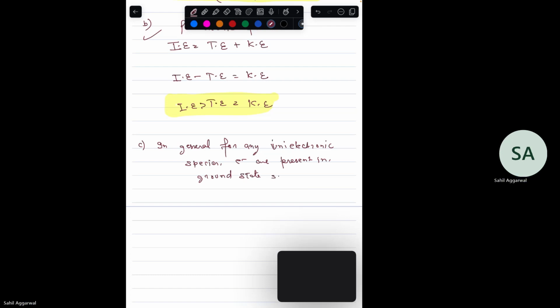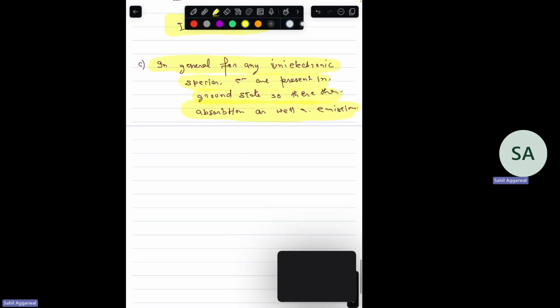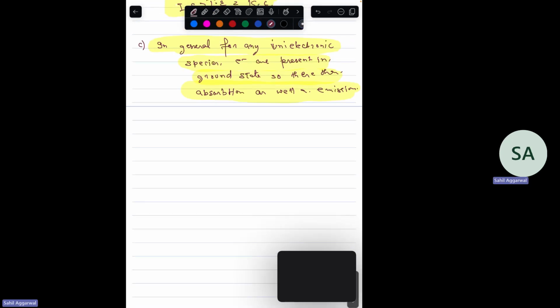So there can be absorption as well as emission. When they come to Lyman series again into n equal to 1, they undergo emission, and when they go from ground state to any state, it would be absorption. For Lyman series, it can be absorption as well as emission.